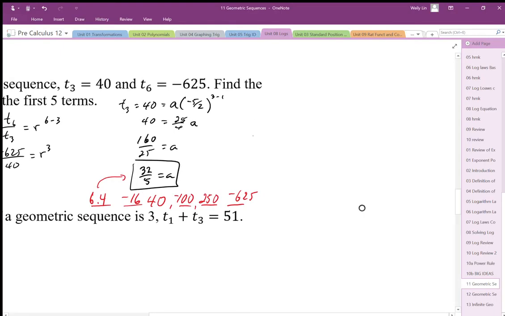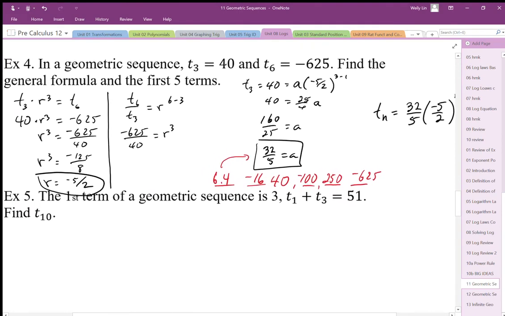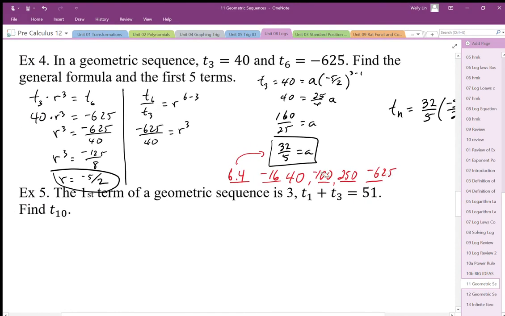So my Tn formula in the end looks like this: 6.4, I'm just going to leave it as the fraction 32 over 5, times our multiplier, negative 2.5, which again I'll leave as a fraction, to the power n minus 1. So there are times where we can just use our ratio to move along our sequence, and that's perfectly fine.